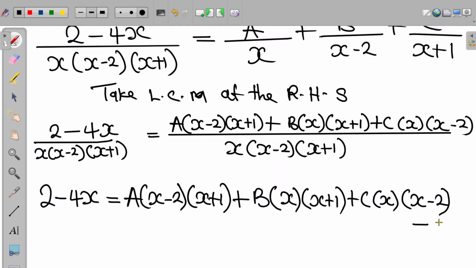Let's call this equation A. Now from equation A, we can obtain the values of A, B, and C using either the cover-up method or the comparing coefficient method.